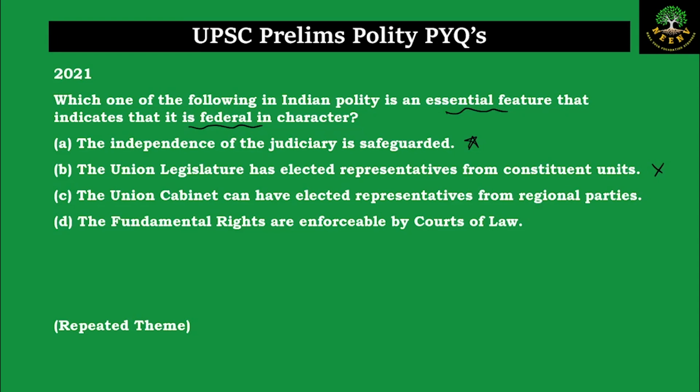So just because a regional party member got elected to the center, and the prime minister chooses that person to the cabinet as a minister, doesn't mean that it is federal in character. It's not a very basic feature of the federal system. The fundamental rights are enforceable by the courts. The enforceability of the fundamental rights is a totally different matter, and here we are talking about the essential features of federal in character. So this is not in sync with the statements. So the most appropriate answer here is A. The independence of the judiciary is safeguarded.